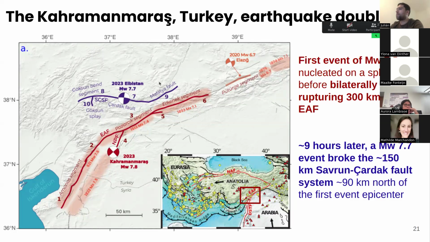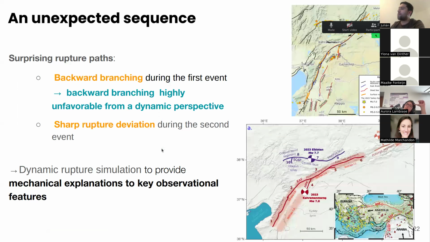which is located 90 kilometers north of the first epicenter. And it was a really unexpected sequence during which we observed really unusual behavior. The first unusual behavior that we observed during this sequence is backward branching during the first event.